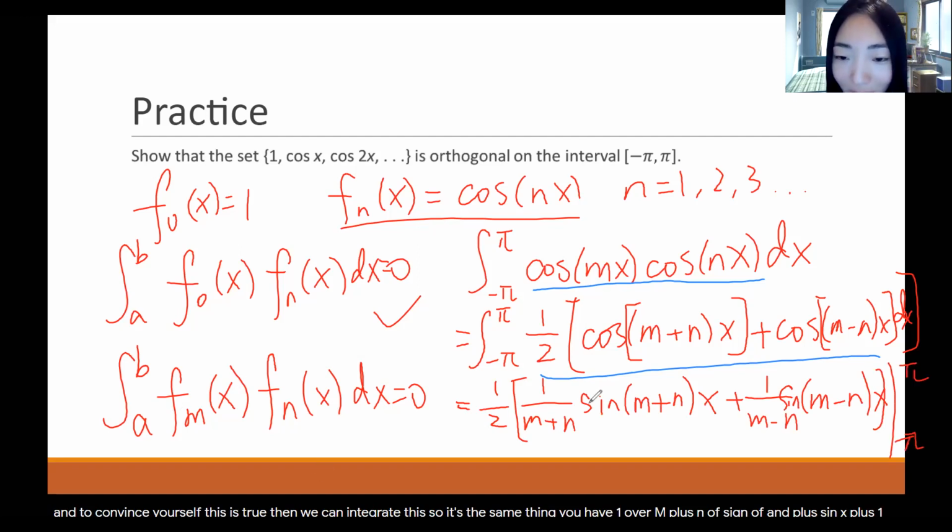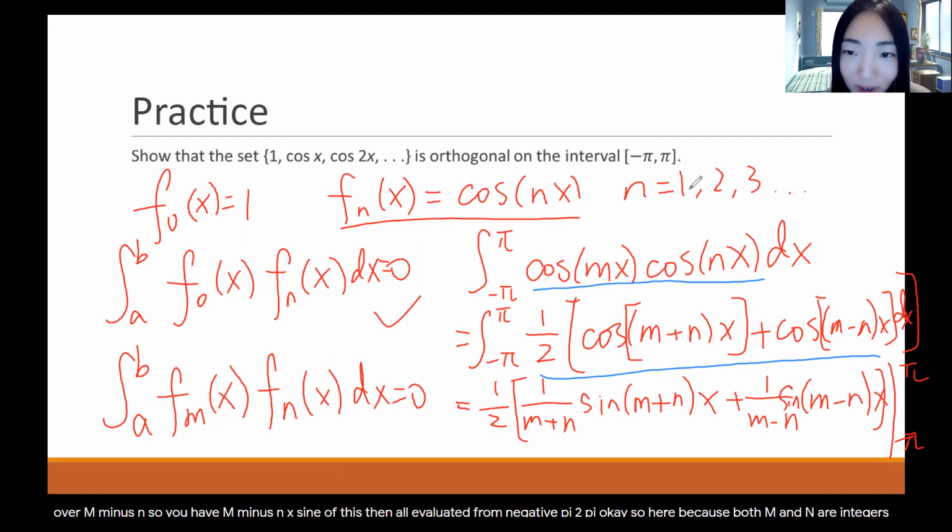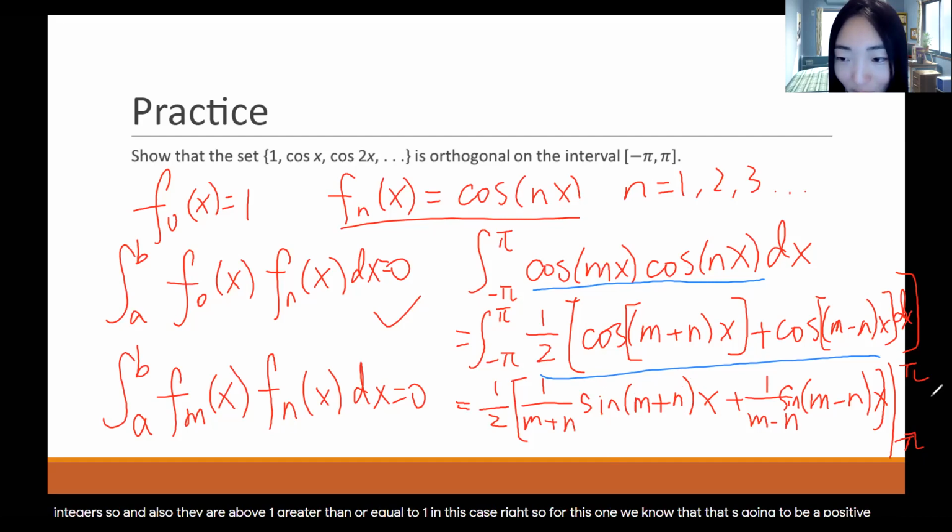Here, because both m and n are integers, and they are greater than or equal to 1 in this case, we know that m plus n is going to be a positive integer. When you plug in pi in the place of x, you see that this is still a multiple of pi.